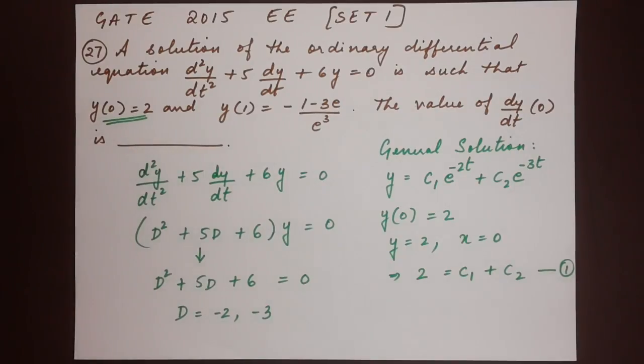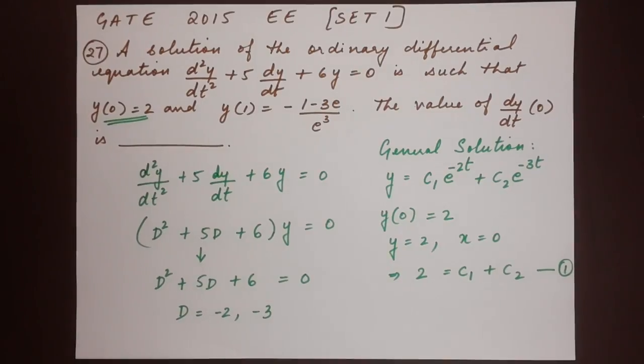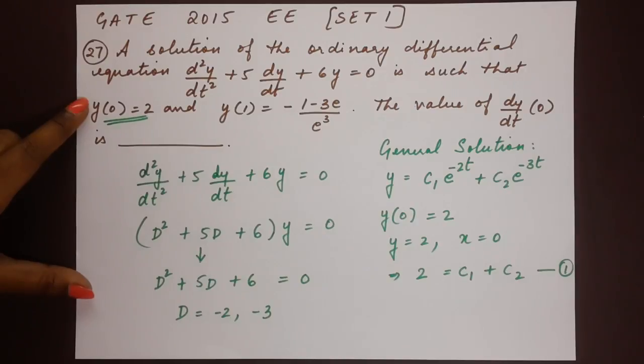Then we can use the second initial condition to find out the second equation, or in a way we are supposed to find out the values of c1 and c2. So next let's take the second initial condition, this one here. I'll take another sheet of paper so that we can solve it fresh. Okay.